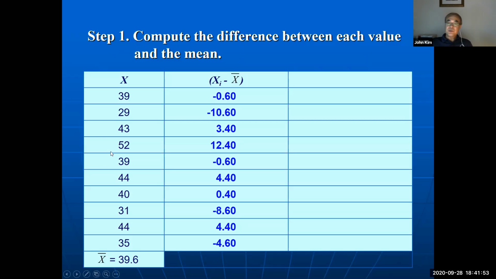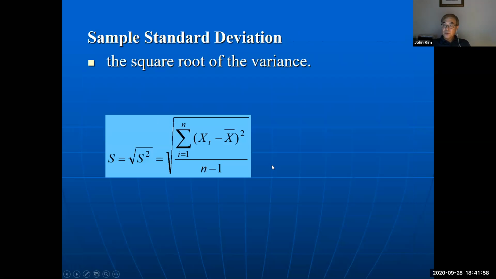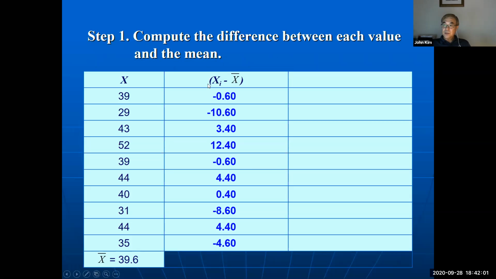If we calculate using that formula, we need the difference between each member and the sample mean. The sample mean is the sum of all divided by the sample size, 10. That is 39.6. So 39 minus 39.6 equals negative 0.6, and so on.